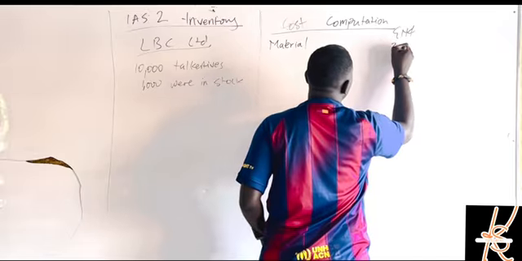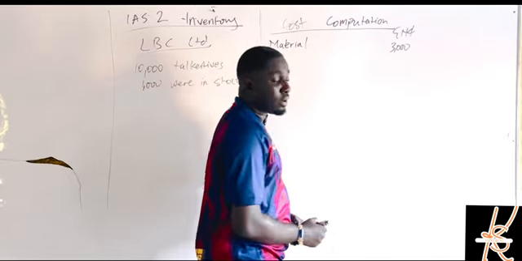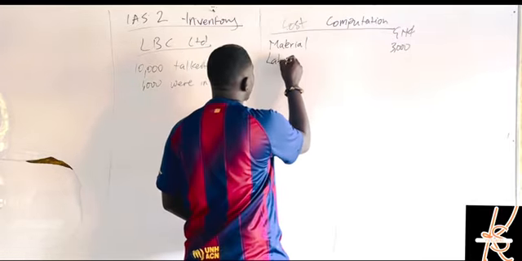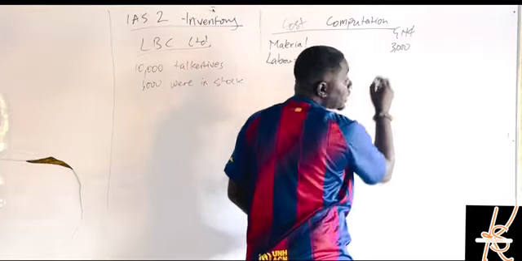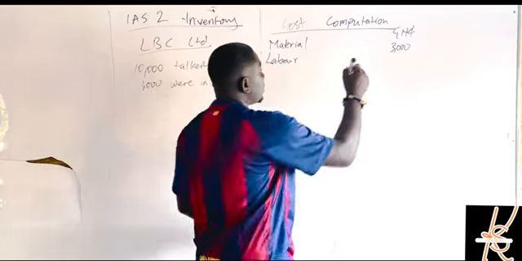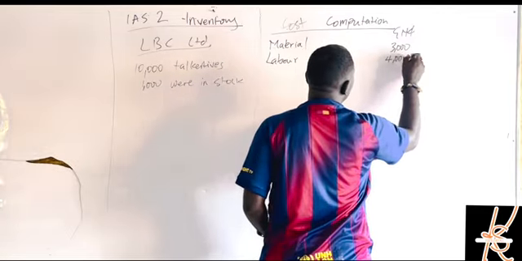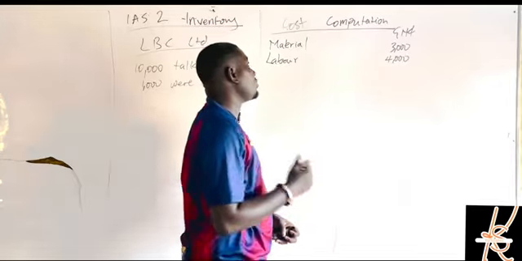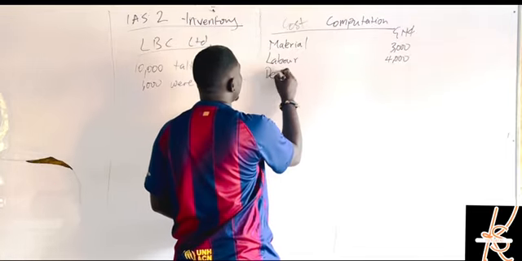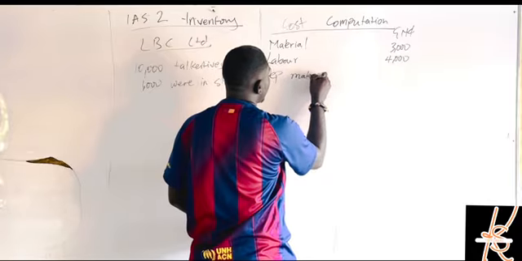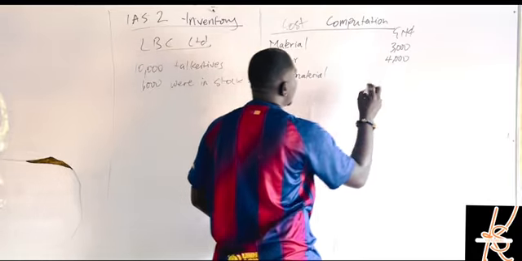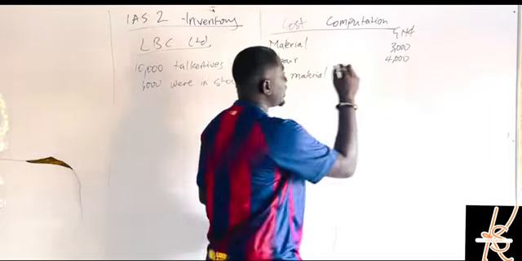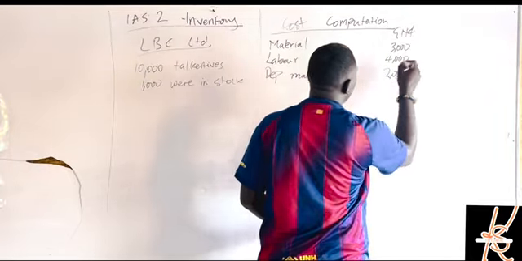Labor is 4,000, also part because it's directly attributable to the product. Depreciation of machinery is also part because the machinery is used directly for the product. That is 2,000 Ghana cedis.